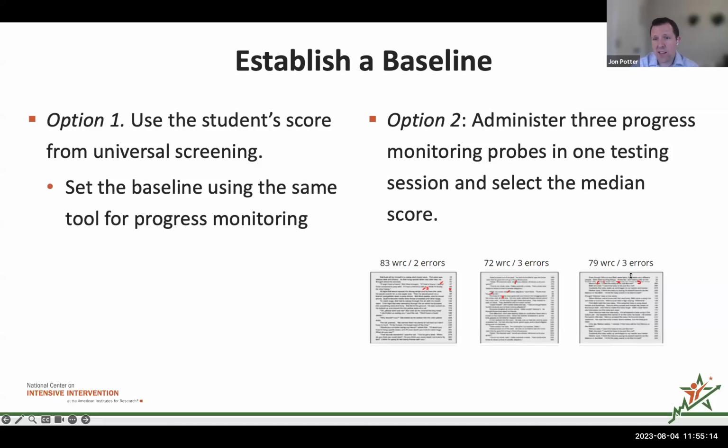The reason we do that is it controls for the fact that students can have a bad story, a bad passage, a bad reading, or a really good one. We're going to throw those 2 out, say which one's in the middle, and that's the one we're going to use. Typically with a lot of screeners, that's actually how an oral reading fluency probe is administered: a lot of them get 3 passages and then we take the median score. So it's using that same approach for the baseline.